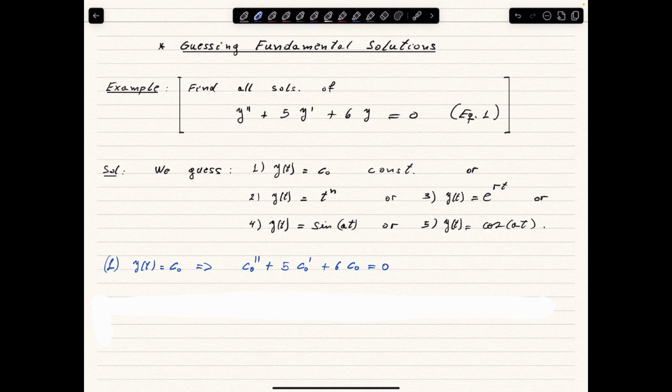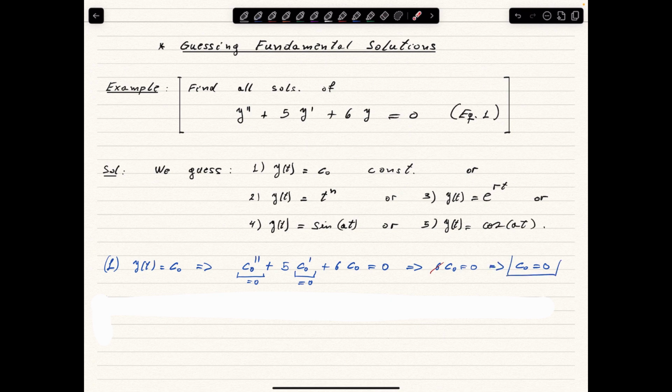Of course, the second derivative term is 0 because the derivative of a constant is 0, and the same for the first derivative term. So we end up with an equation that says 6 times the constant is 0. Of course, we can divide by 6, and the condition we get is that the constant has to be 0. Well, we found one solution, which is the trivial solution.